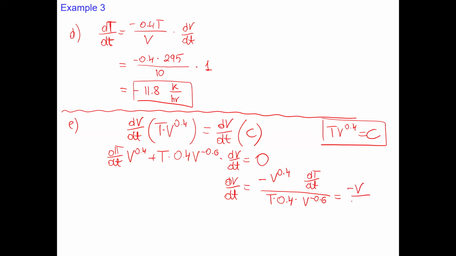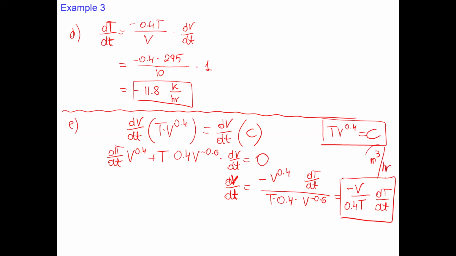It will be just V to the 0.6 and 0.4 T, dT/dt. That's part E, and part F with all units will be cubic meters over hours, because we calculated the volume with respect to time.